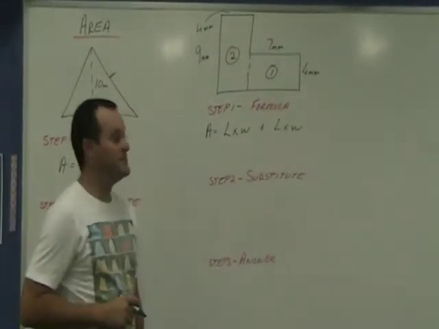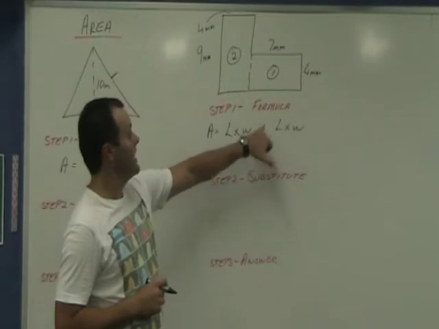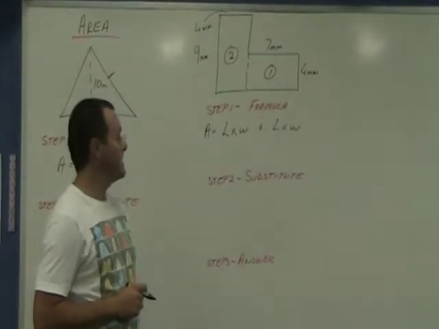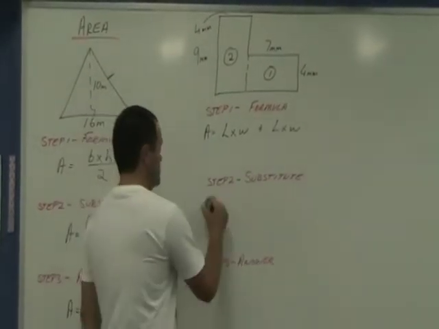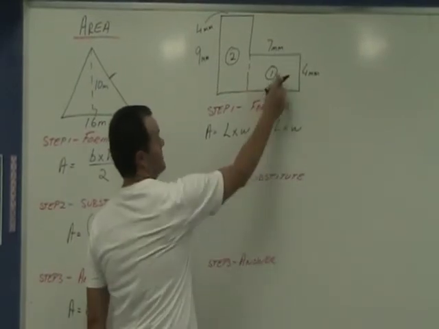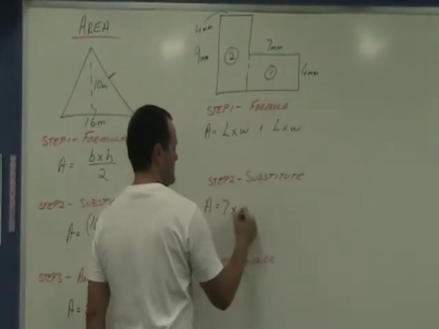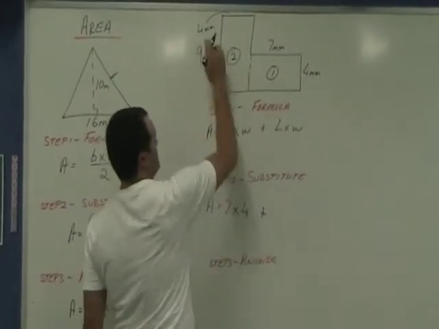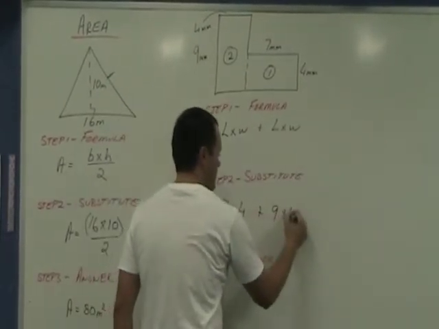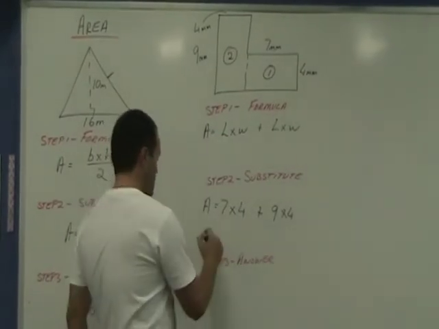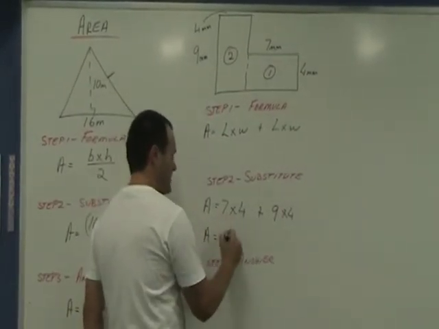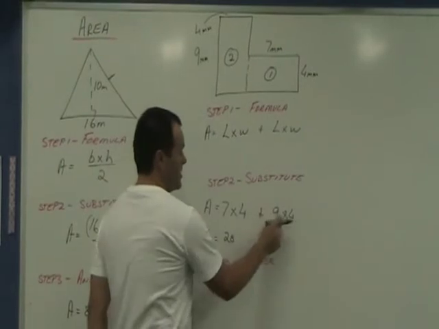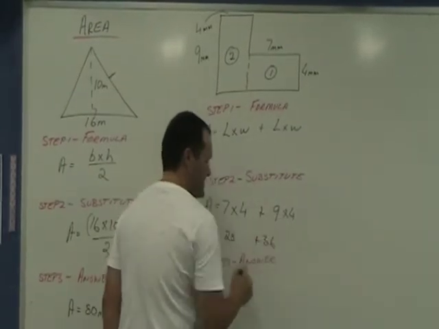So it's length times width for the area of this one, plus the area of that rectangle. So we substitute in. The length of this one is 7, the width is 4. The length of this one is 9, the width is 4. I'm going to do one extra step. 7 fours are 28. 9 fours are 36.